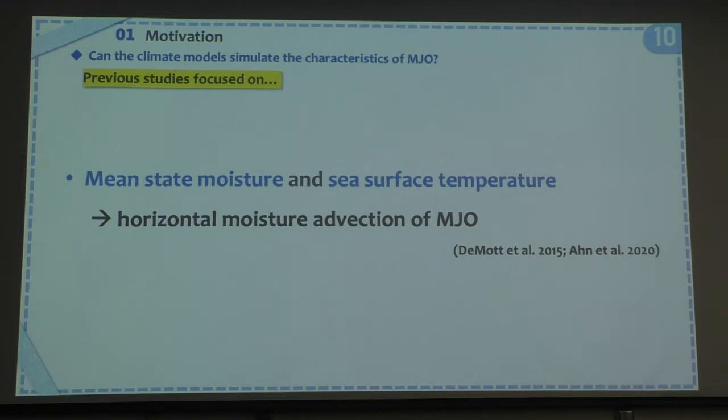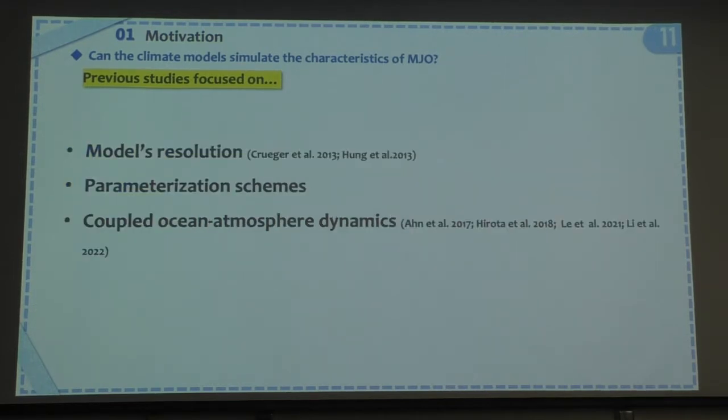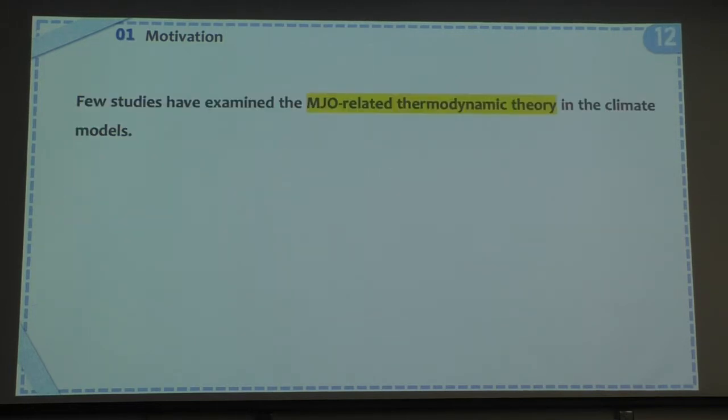And some previous studies also focused on model simulation, parameterization, and dynamics. They say these three factors are also important for the MJO simulation in CMIP models. But few studies have examined the MJO-related thermodynamic theory in climate models.